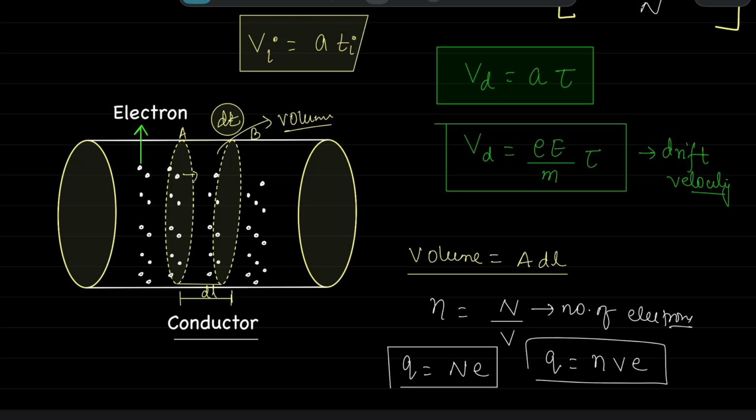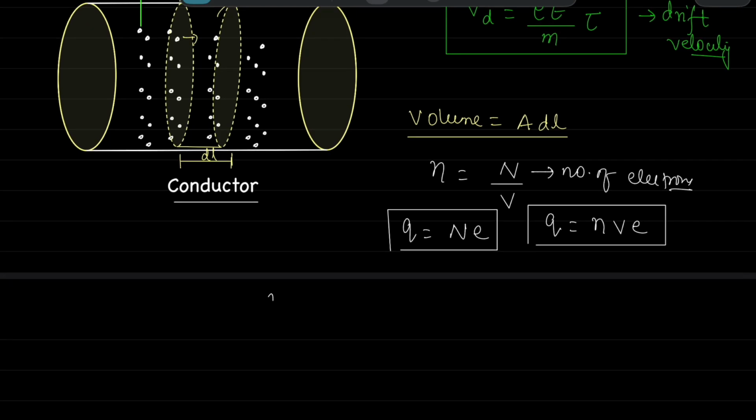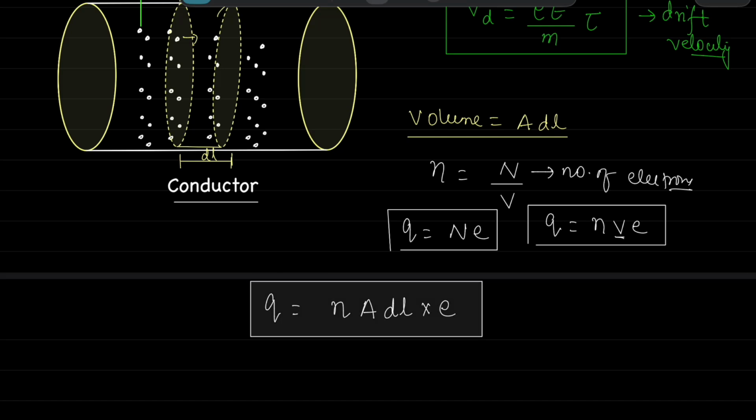Now what is the value of V? V is equal to A into dl. So Q is equal to nA dl into e.